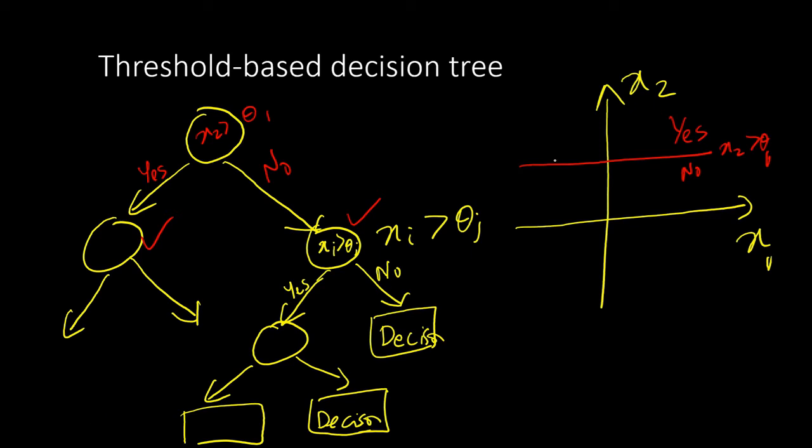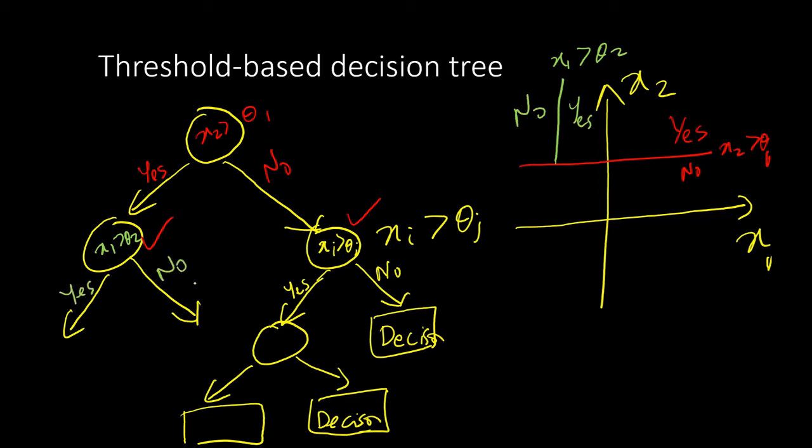For all the yes ones, we will have another decision, which could be based on x1, x1 greater than theta 2, and then this is your yes and this is your no.